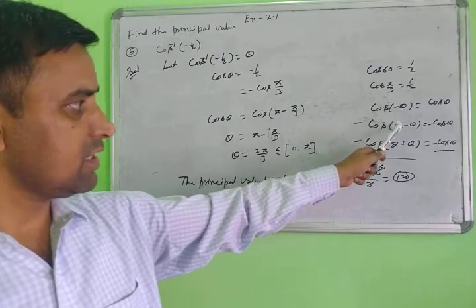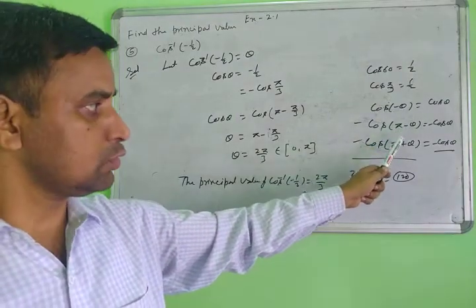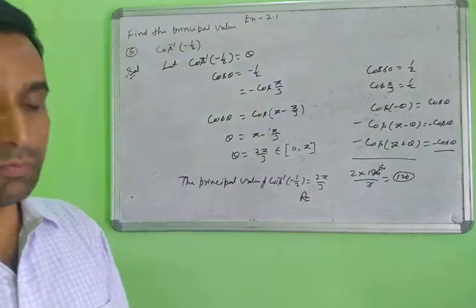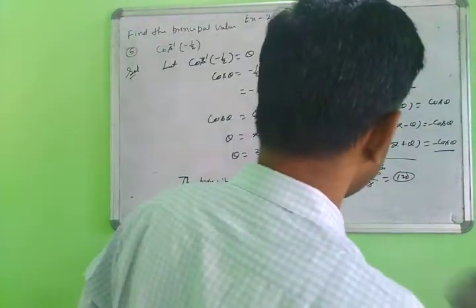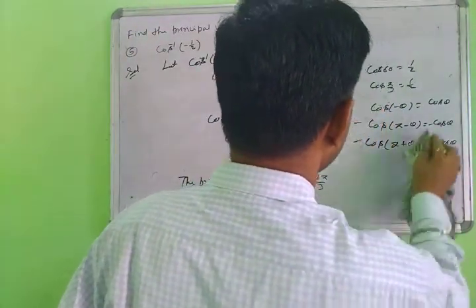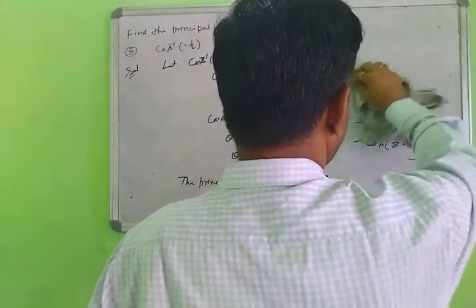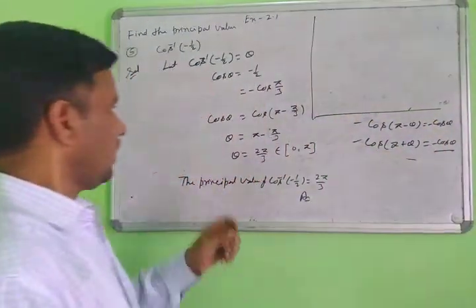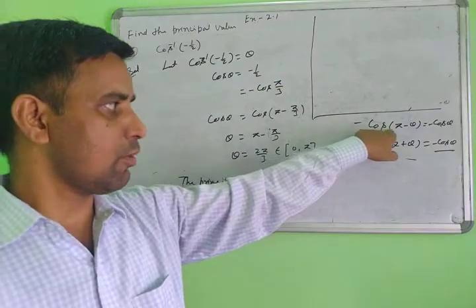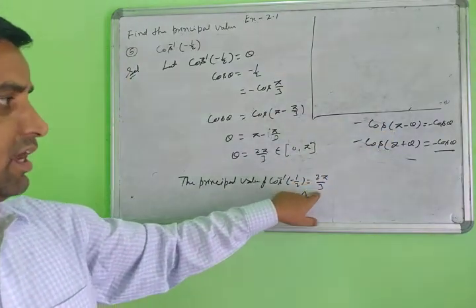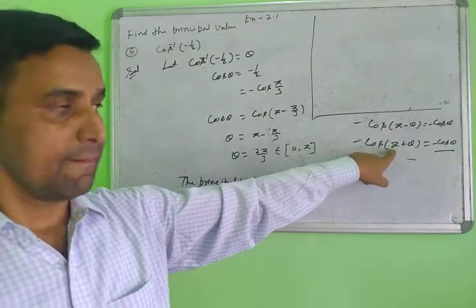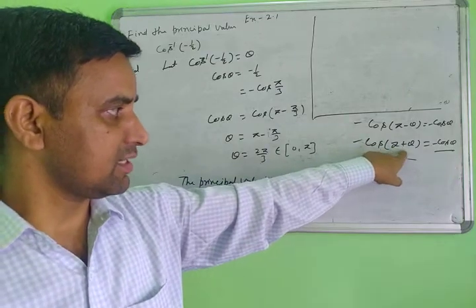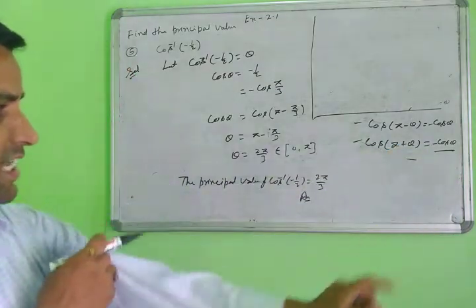I am taking only the second quadrant. Suppose you take the third quadrant, then what is the result? Now check it. I am using the second quadrant property, and the result comes 2 pi by 3. Suppose you use the identity of the third quadrant, does the result come or not? Yes, check this.